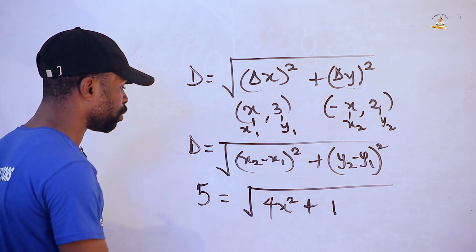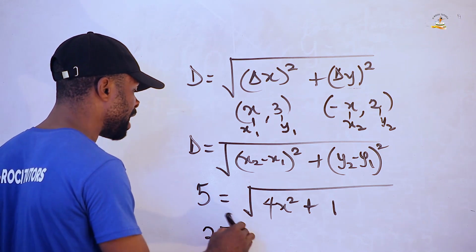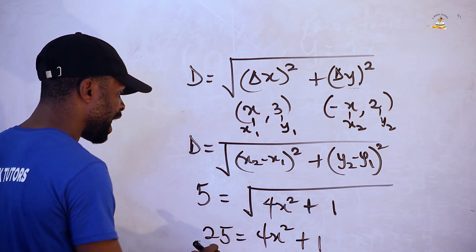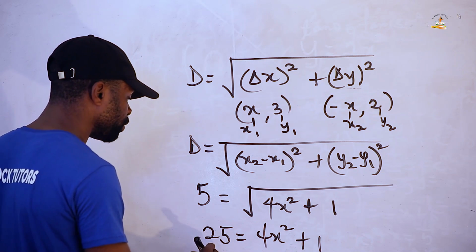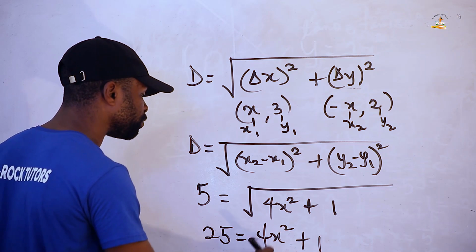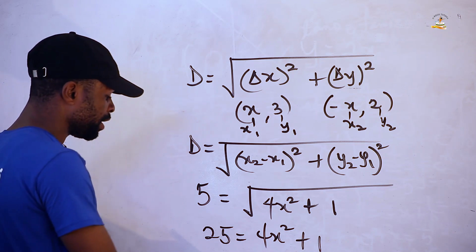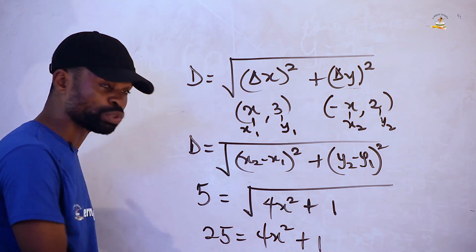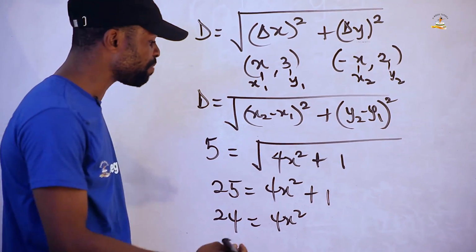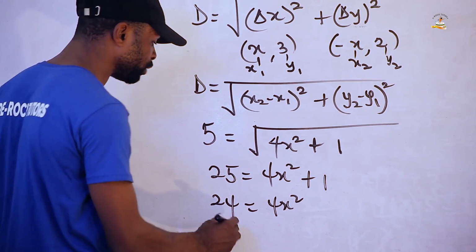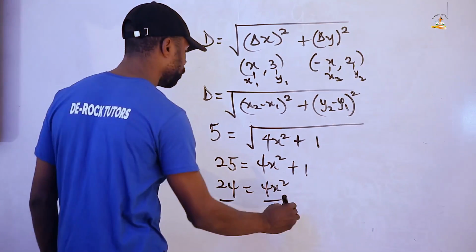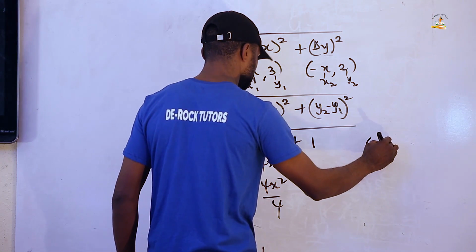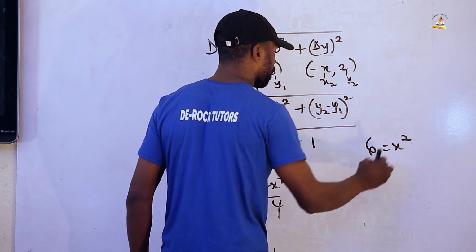We square both sides. This becomes 25 equal to 4x squared plus 1. Here we have 24 equal to 4x squared. The 24 emerges because if the 1 is taken to this side, it is 25 minus 1. 25 minus 1 is 24, and we divide through by 4. We now have 6 equal to x squared.